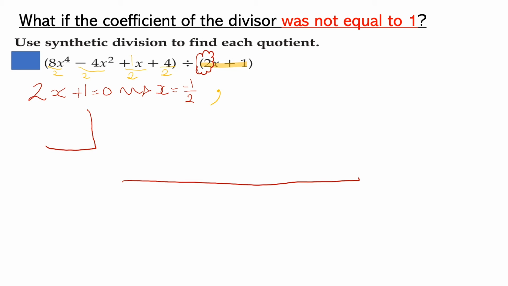First of all, I will be putting my minus 1 over 2 here. Let's now put the coefficients and pay attention to the index form. So here we have 4, then 2. Ask yourself, where is the power of 3?